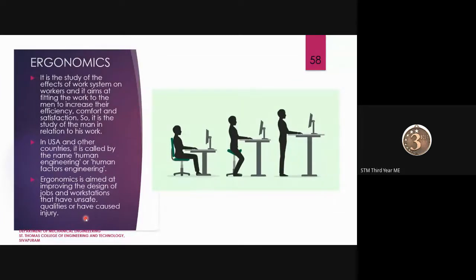While in terms of an industry, ergonomics deals with the work and work environment of the personnel present inside the industry. So that is dealing with the ergonomics in industry. So there will be many types of ergonomics. Okay, so one of the factors, you have already observed, right?